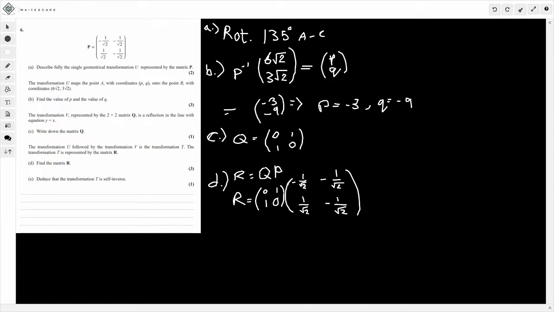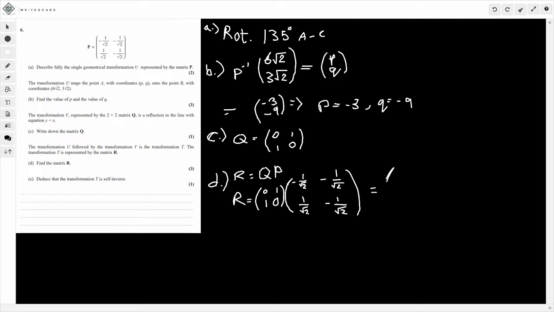All you've got to do is perform this multiplication. If I did it by hand, I'd get the calculations and then you'd have to simplify each term. But again, you can do this on your calculator as long as you show this multiplication with the matrices given.